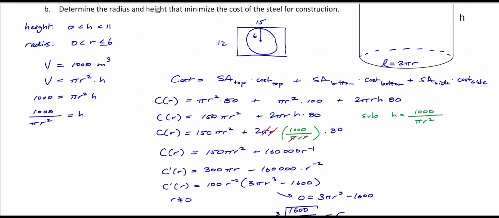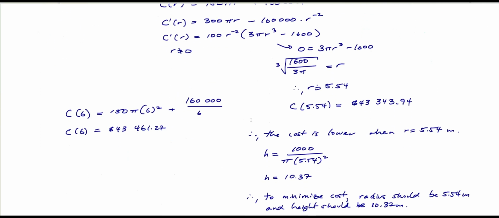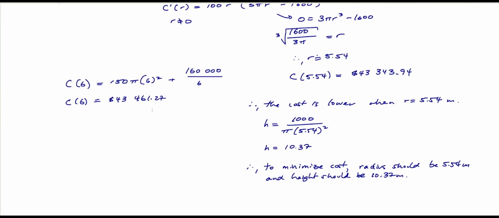I subbed that back in, found a cost function as a function of radius, found the first derivative, and then found the extrema. I also compared with the outer end, or the maximum radius possible, compared the two costs, and it is cheaper to make the radius 5.54 meters.